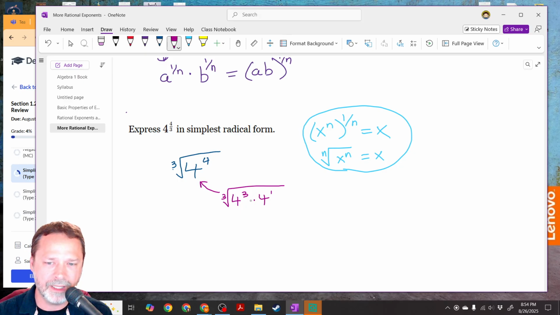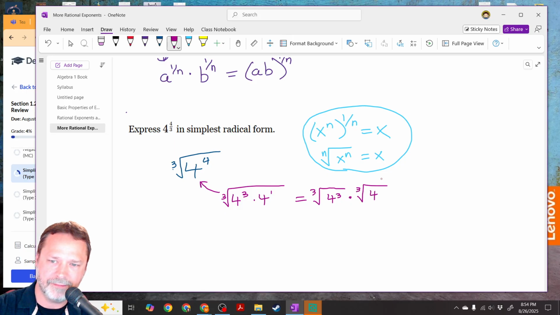And why do I want to do that? Well, I want 4 cubed under my cube root, because what is the cube root of 4 cubed? It's 4. That's going to let me take out as much from the root as I can. That's the goal here, to take things out of the root. I can break this up even more. I get the cube root of 4 cubed, times the cube root of 4.